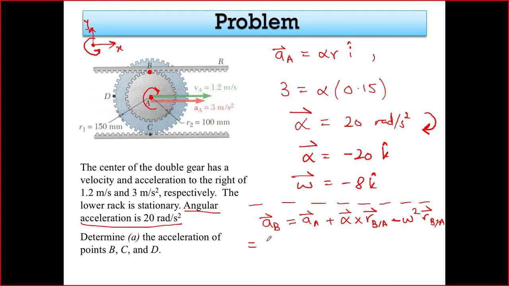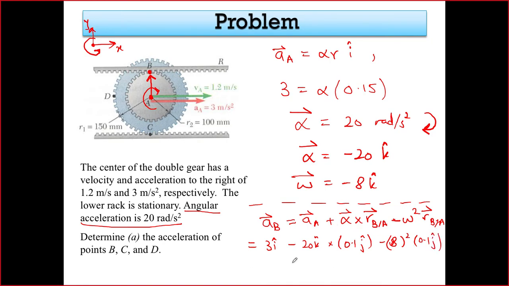So AA is 3I, alpha is minus, so minus 20K crossed with RB with respect to A, which is 0.1 J minus omega squared which is 8K, 8 का squared, 0.1 j.